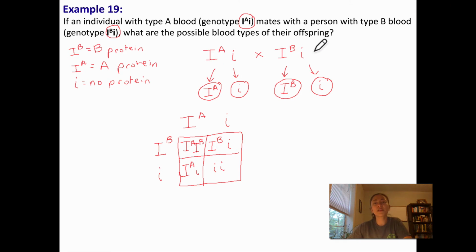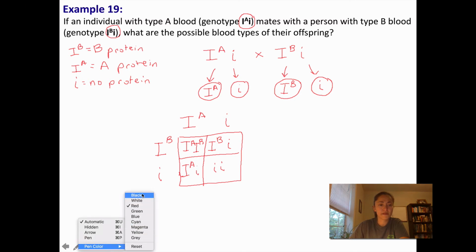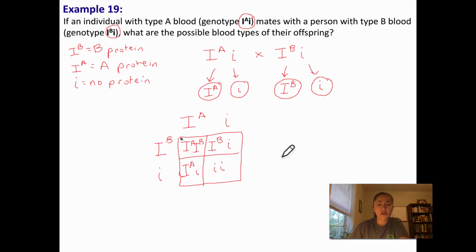So what are the possible blood types of their offspring? Well, let me change my pen here. If we look at this first one, the first possible blood type here is AB. Let's look at the second one. This individual would be type B blood because they could only make a B protein.